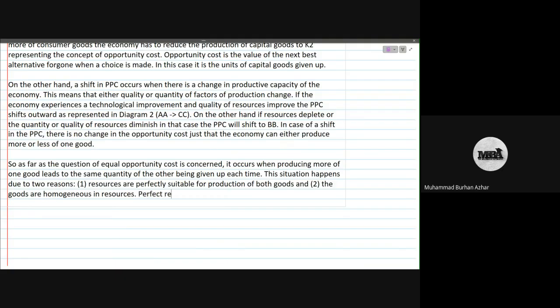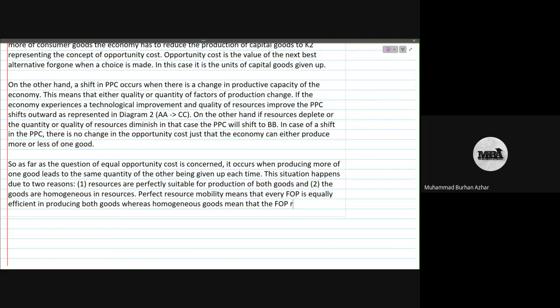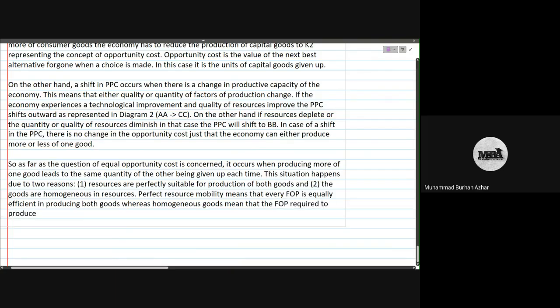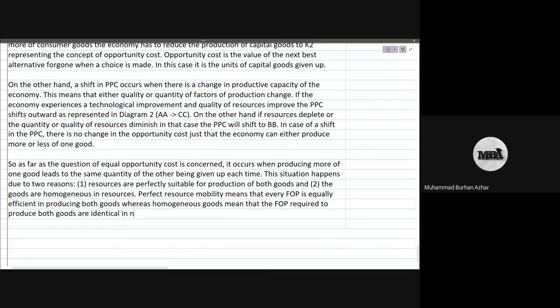Perfect resource mobility means that every factor of production is equally efficient in producing both goods, whereas homogeneous goods mean that the factors of production required to produce both goods are identical in nature and requirement.